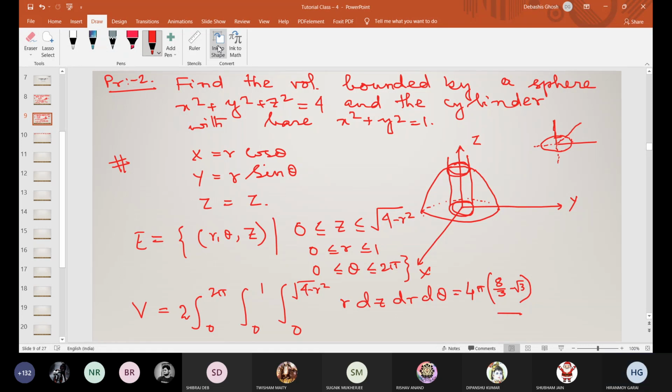Rotating will look more circular. The upper portion will look like a circle. If you rotate about your y-axis, then it will not look like your ellipsoid, but if you take the rotation about your x-axis, then you are getting the solid that is called your ellipsoid.